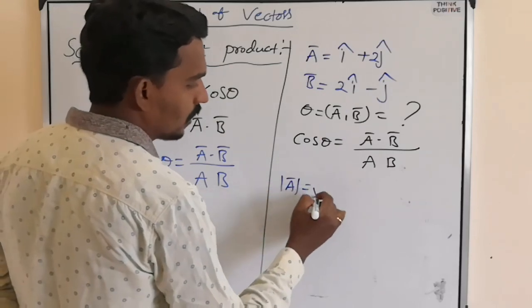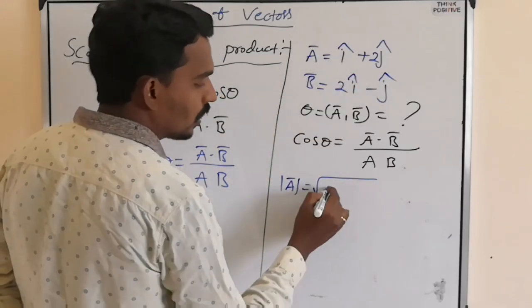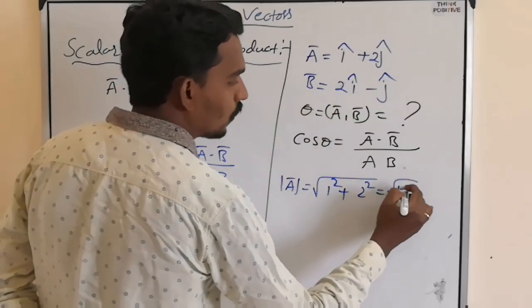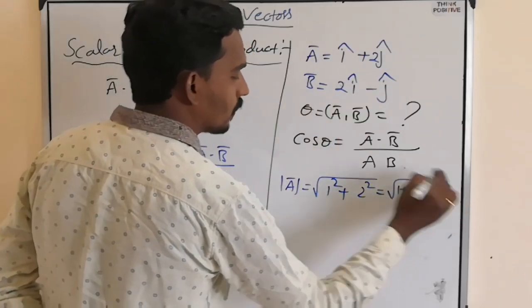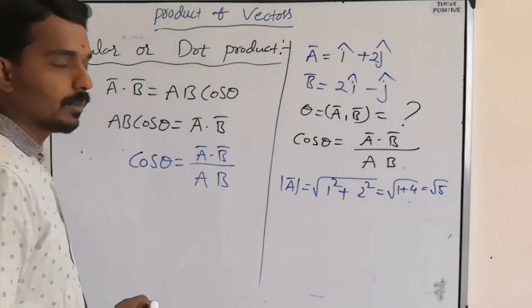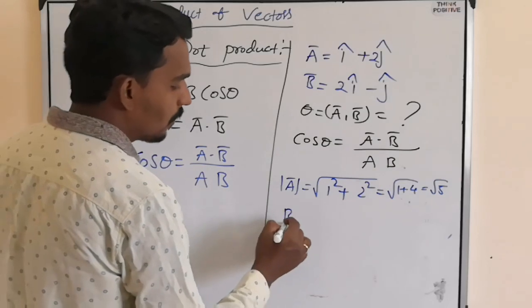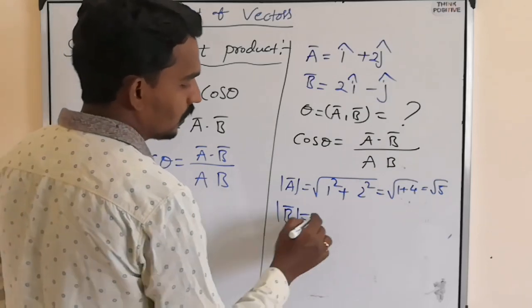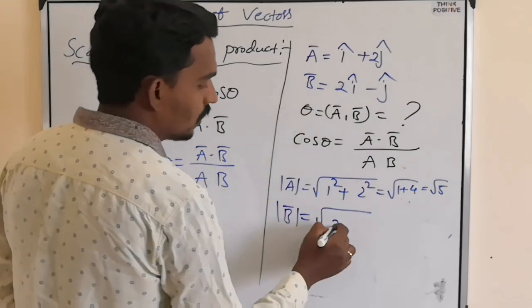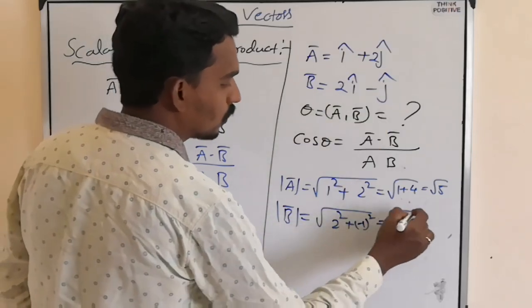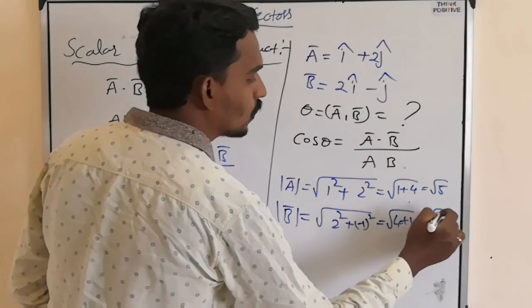Let's find it. Under root, i coefficient 1 square, j coefficient 2 square, so 1 plus 4, root 5. This is the a bar magnitude. Similarly, b is the magnitude of b bar, so under root 2 square plus minus 1 square equals 4 plus 1, again root 5.